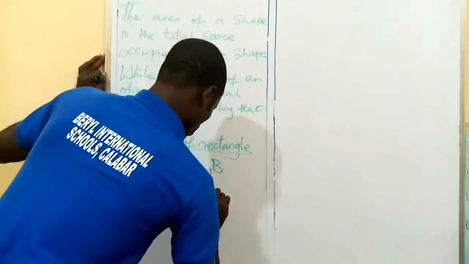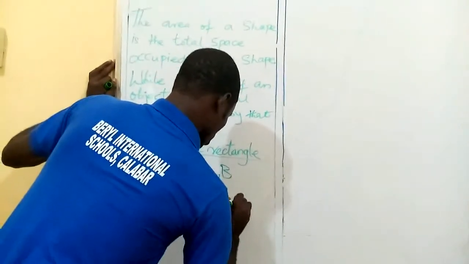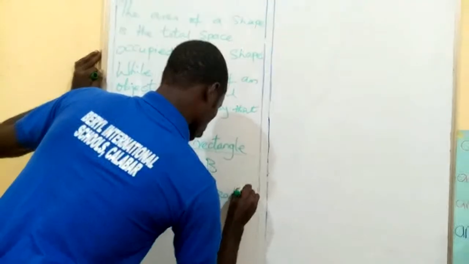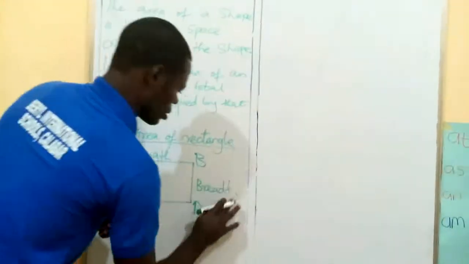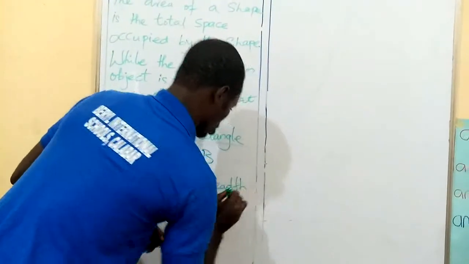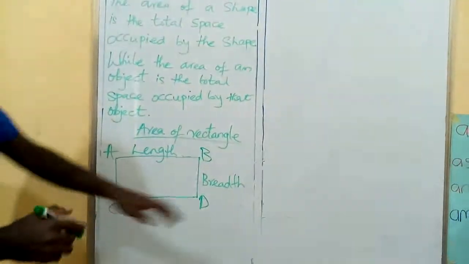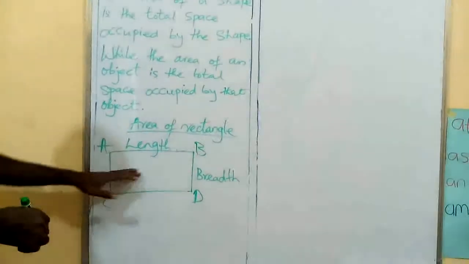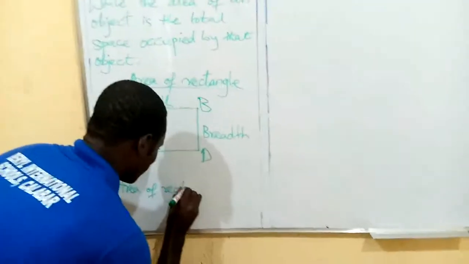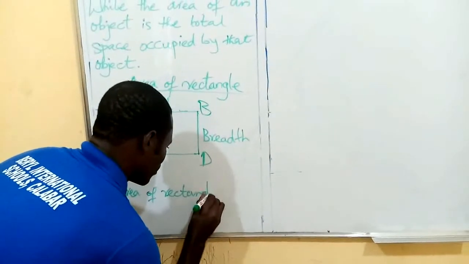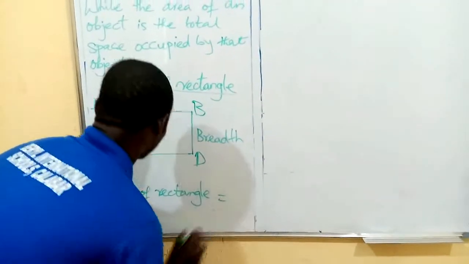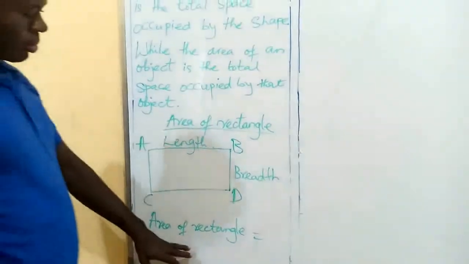Length. While this other one is called what? Breadth or width. What is breadth?